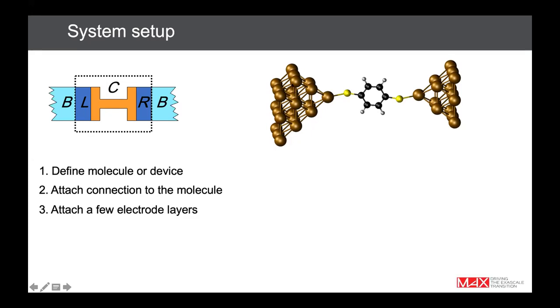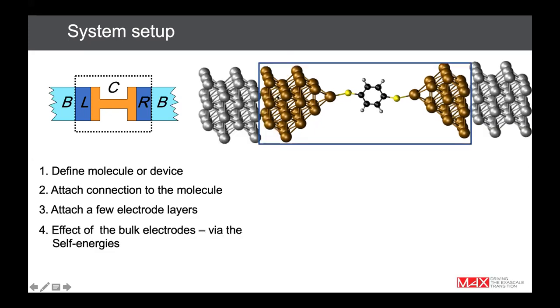So in this particular plot, I just put two and one on each side, but this is not enough. You would need to have a few layers so that the screening is completely taken into account. And then what you do is you link that with bulk electrodes at the left and the right, which are just purely periodic bulk crystal electrodes.